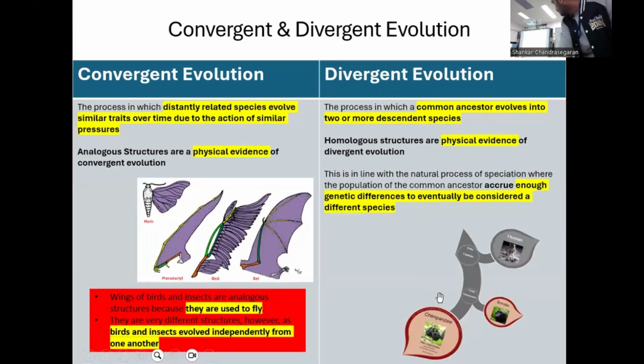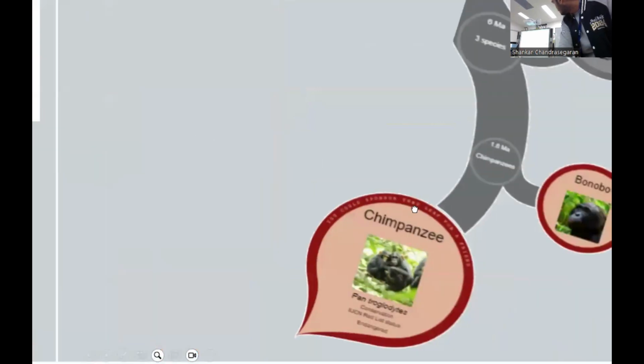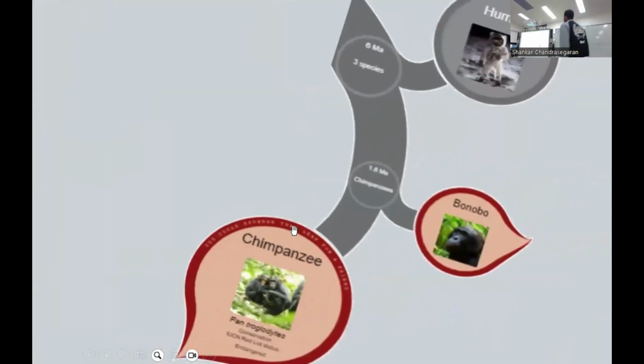For example, in the previous lesson, we talked about there being a common ancestor between chimpanzees, bonobos, and the human genus, and then eventually they accrued enough genetic differences to diverge from each other to become different genuses. As such, this is an example of divergent evolution. They are coming from the same common ancestor, and then they are separating out, diverging from each other to become their own species or their own genuses.